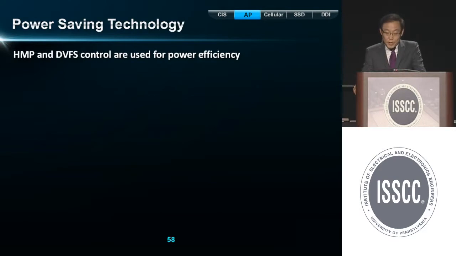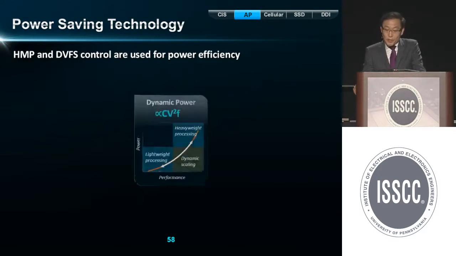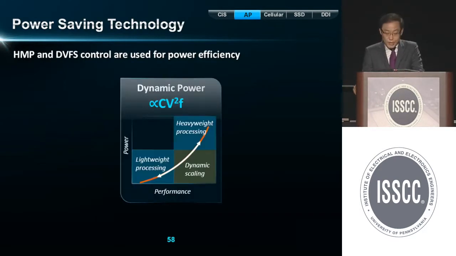AP's power consumption is determined by capacitance, voltage, and frequency. As you can see in the middle graph, power and performance go hand in hand. Therefore, providing just the right power level to carry out the task would improve power efficiency.